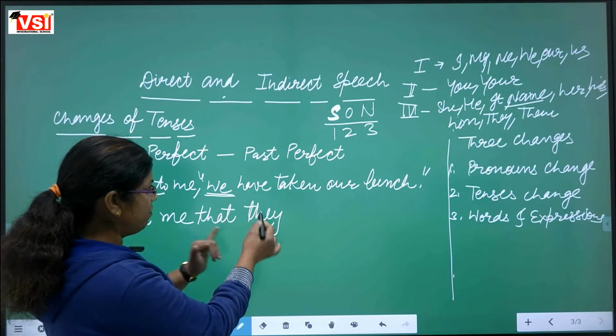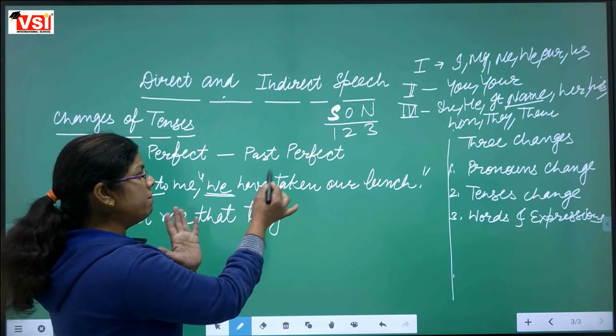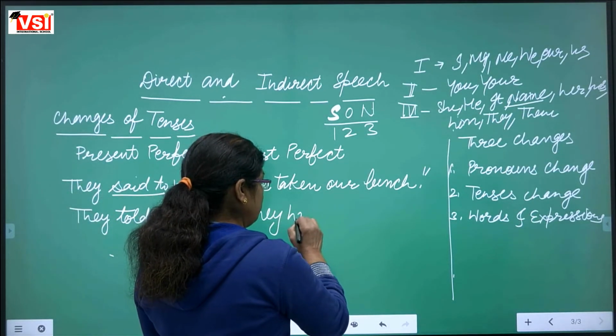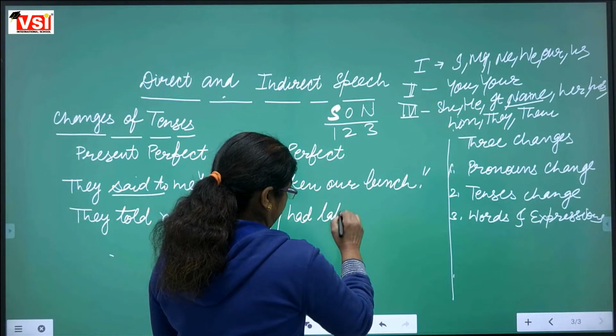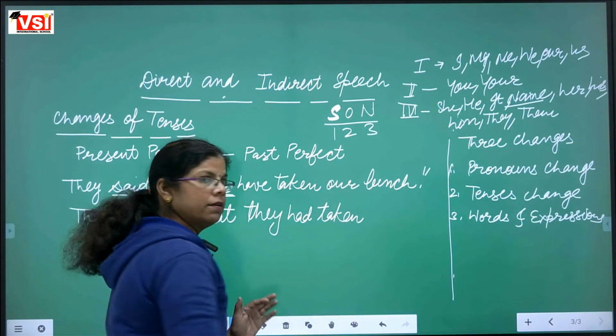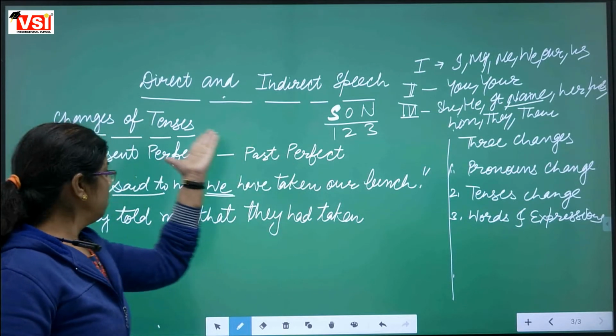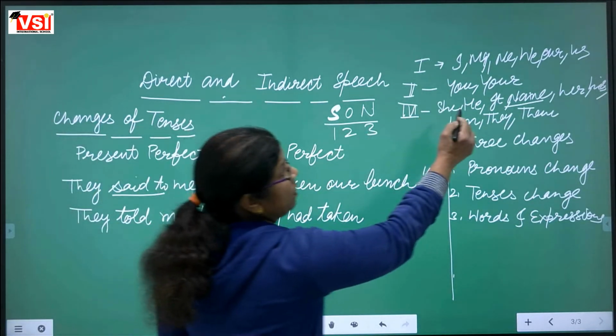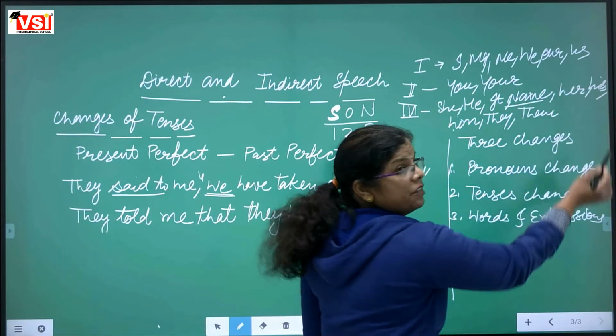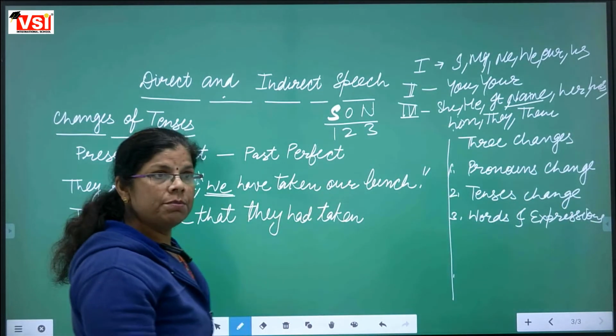We is changed into they. Have taken will be changed into had taken. Now see, are will be changed into our. वहाँ पर देखिए, I, my, me, we, our, us. Our is again first person pronoun.